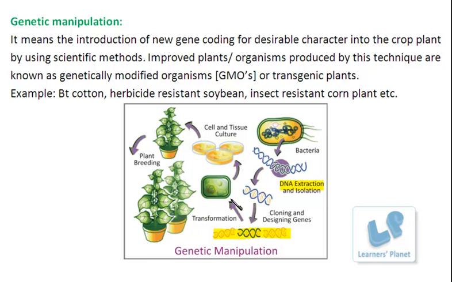Further, it can be done by using specific bacteria which can infect these particular plants. They will infect these plants and introduce the gene into the plant cells. And of course, once the genes are introduced into the plant, they are able to express there. So this is how there are different methods of introducing genes into plants.